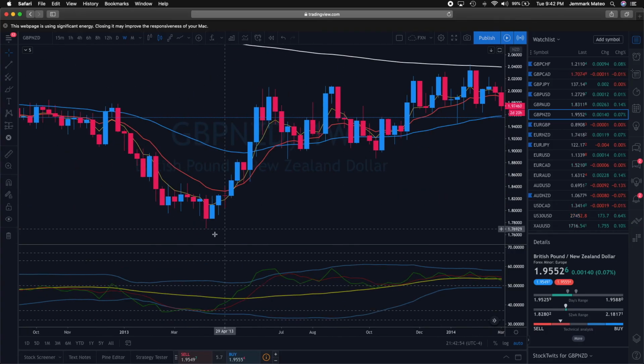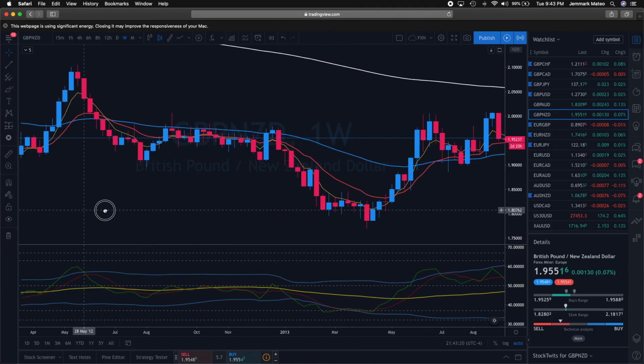So just because it's at an extreme level doesn't mean that it's going to reverse right away, because look, this started very deep here and it took almost a month and a half before you got a railroad track here to go up. Got it? So keep that in mind.